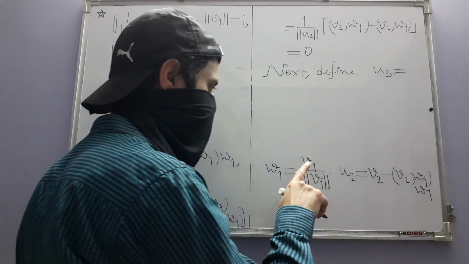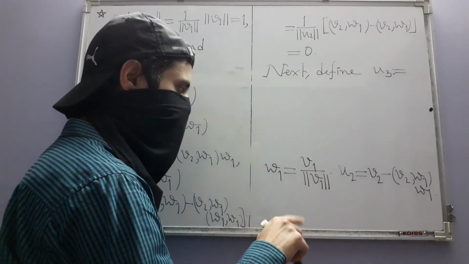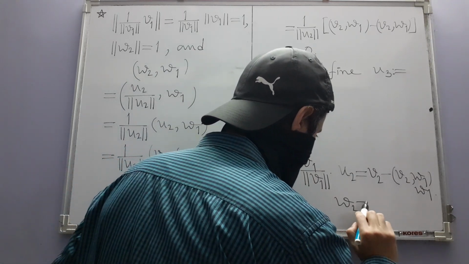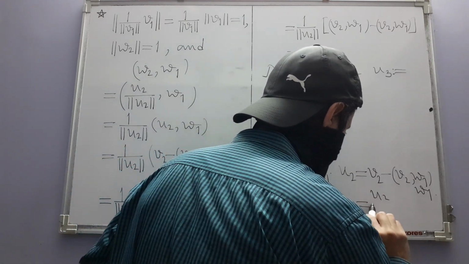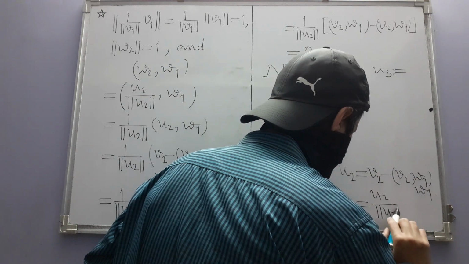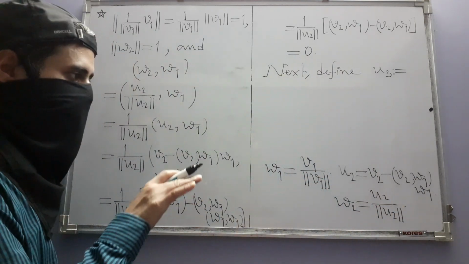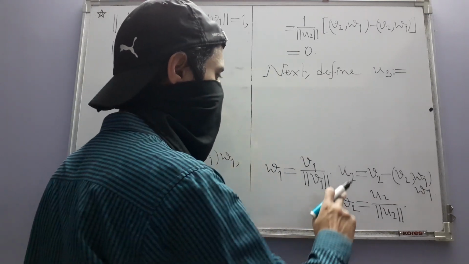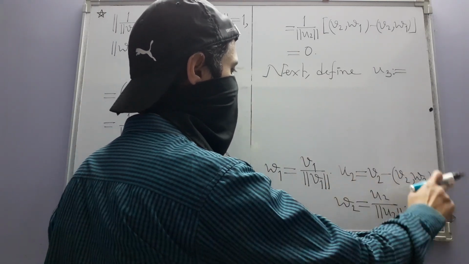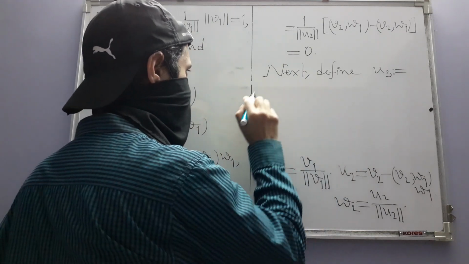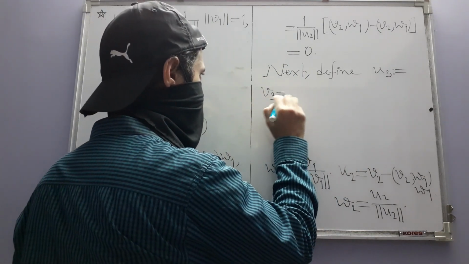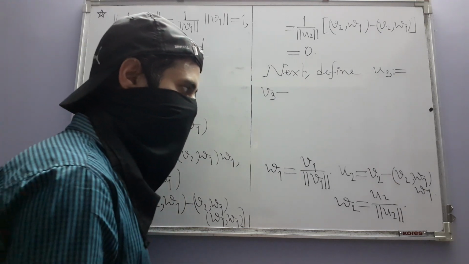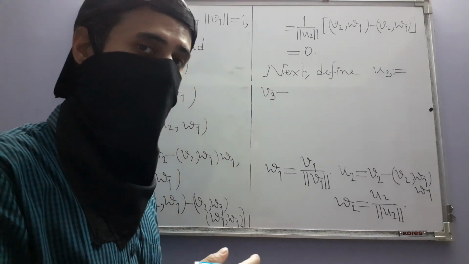But in order to have another vector whose length is also 1, just like W1, we divide it by its own length. So now if you follow these steps and naturally write U3 next, then U3 would also look something like this, in which from V3 you will now have to subtract multiples of W1 and W2.